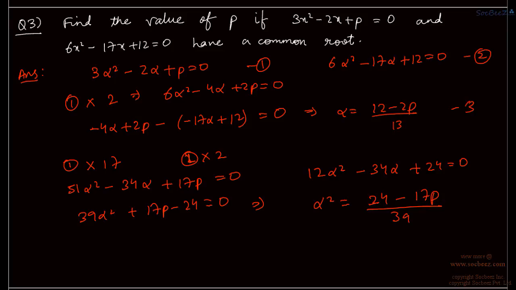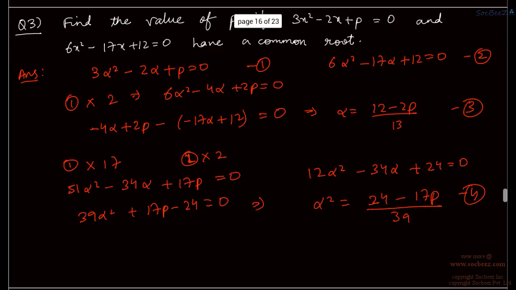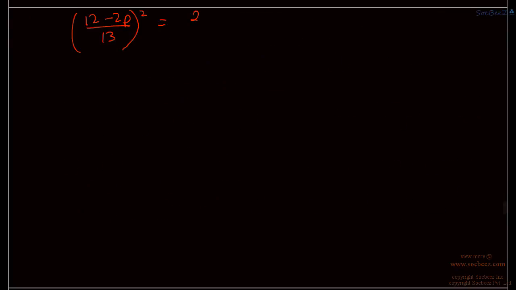So this is the third equation, this is the fourth equation, right? So I have the equation for alpha and I have the equation for alpha squared. So the only logical thing now is to square the equation of alpha and equate it to the one for alpha squared. So I get 12 minus 2p by 13 whole squared, and that is equal to 24 minus 17p by 39.